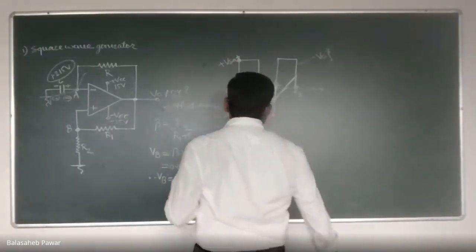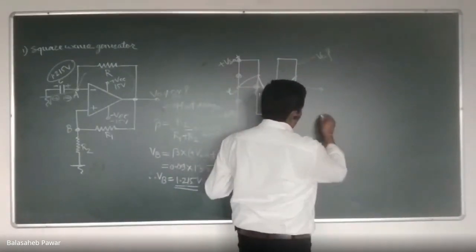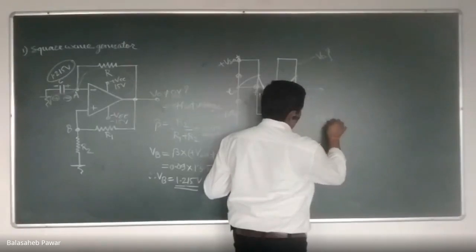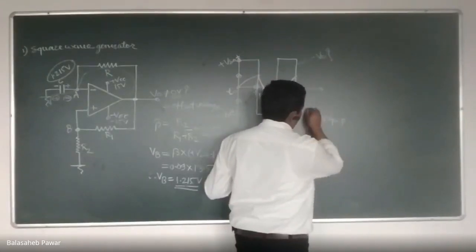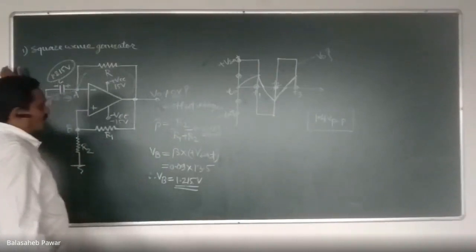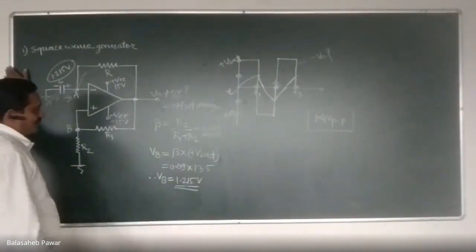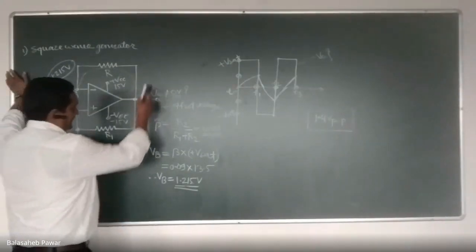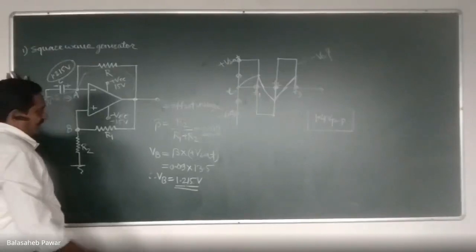Now suppose my requirement is only 1.4 volts peak to peak. I purposely took this value, so you will also get it cleared. If it is 1.4 volts peak to peak, what can we do? That means one peak is 0.7 volts.